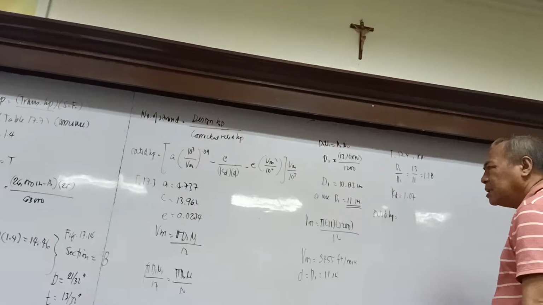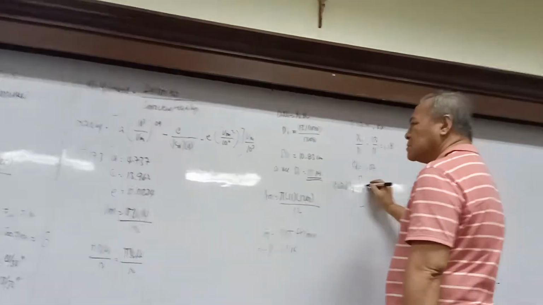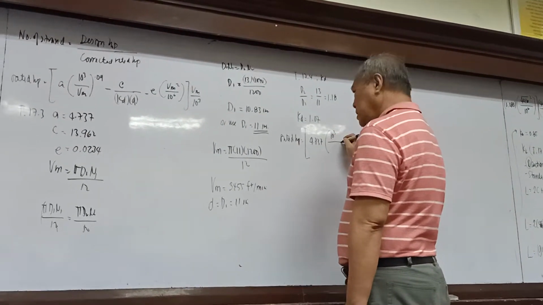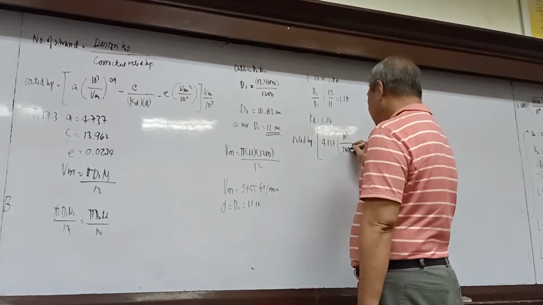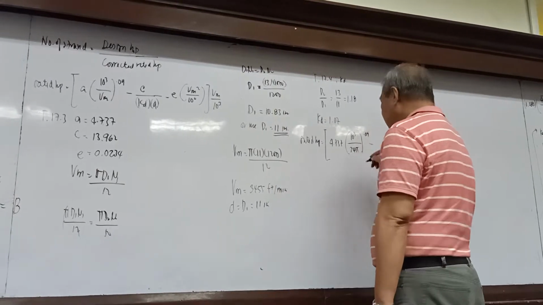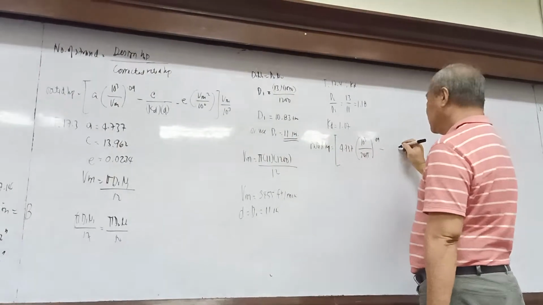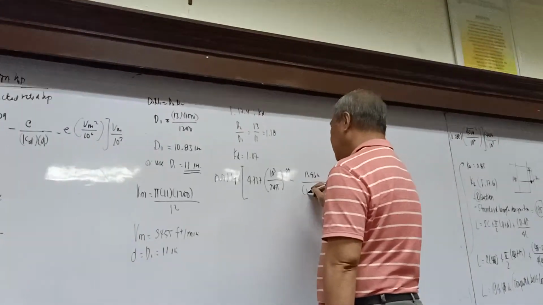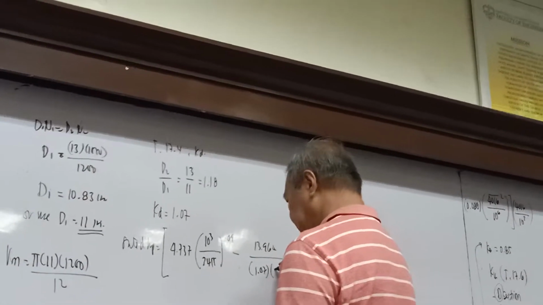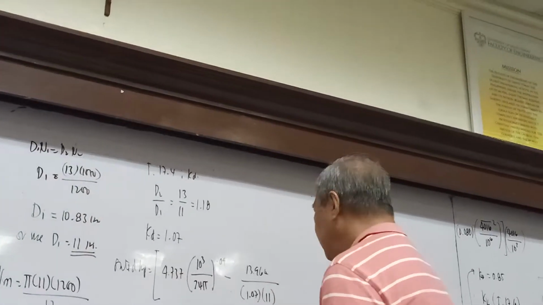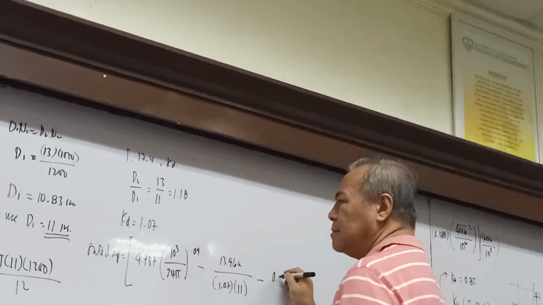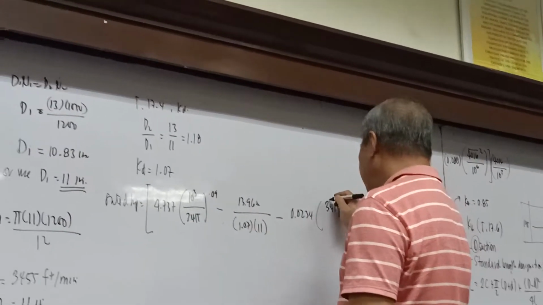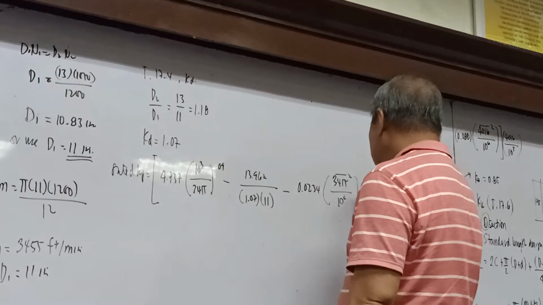Singgaling 3, 5 9 minus C natin ay 5 squared 6.